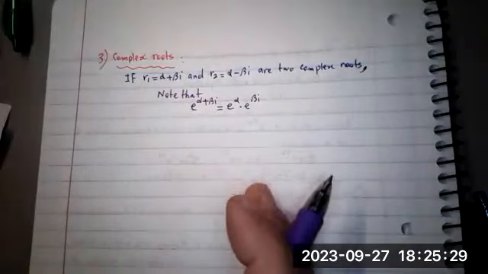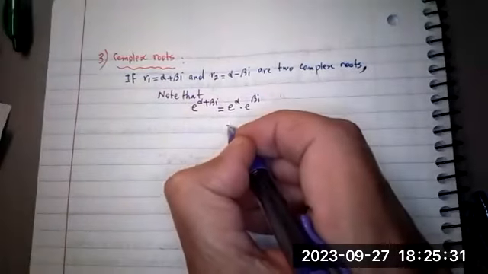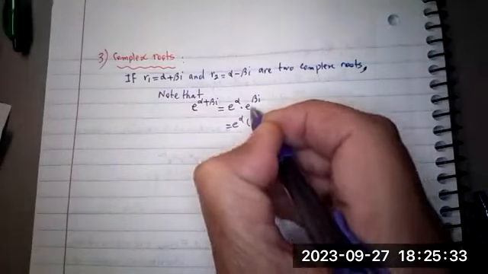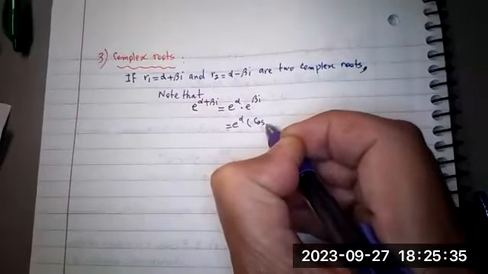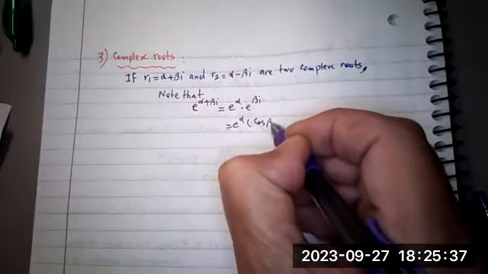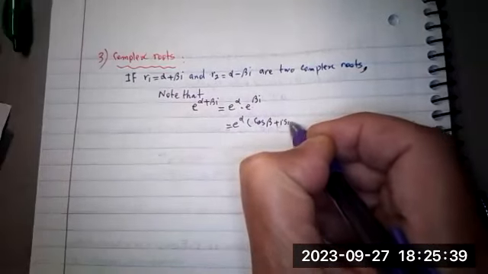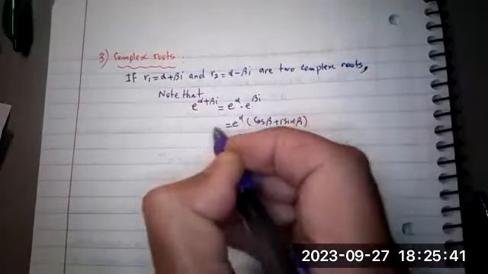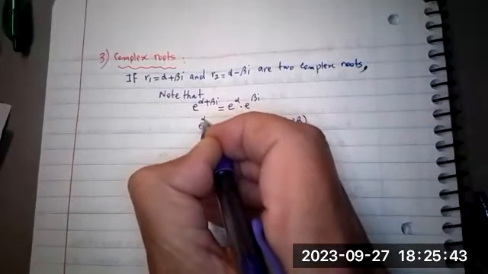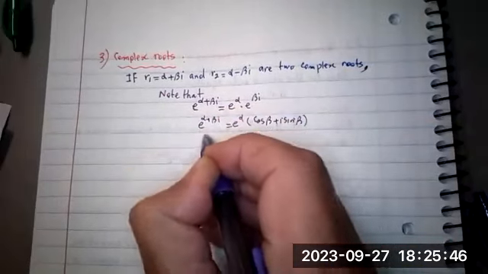And for that e to the beta i, we use the Euler formula. This is going to be the cosine of beta plus i sine of beta. So that's the Euler form of this exponential function.